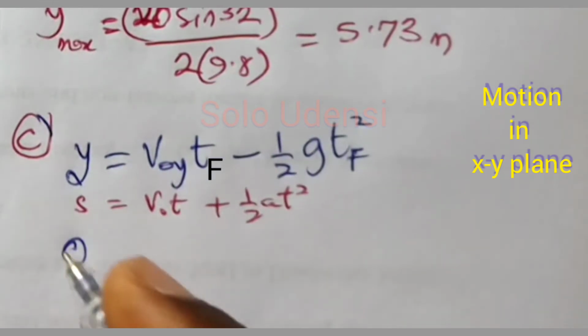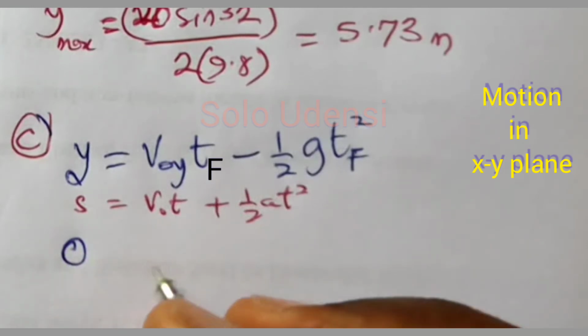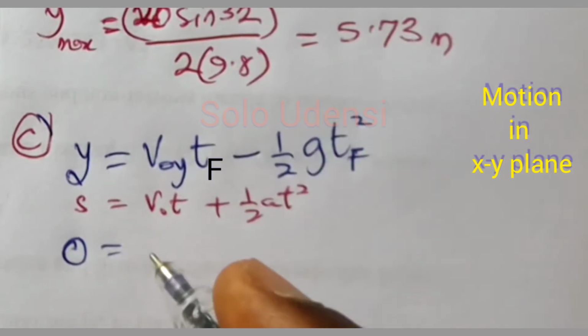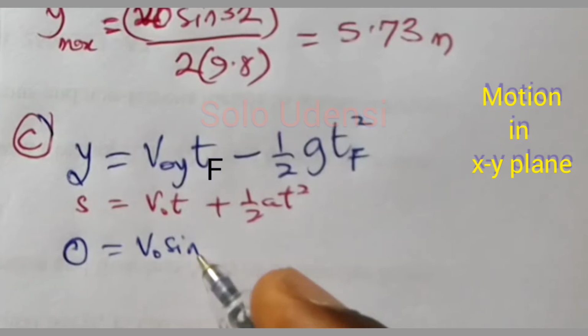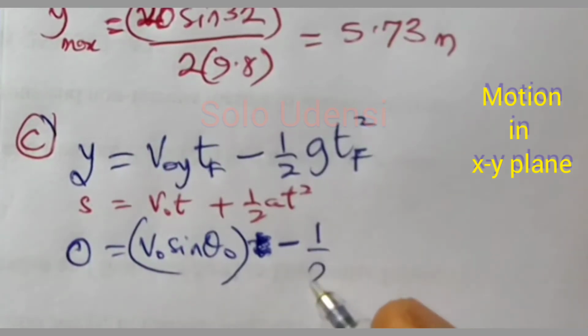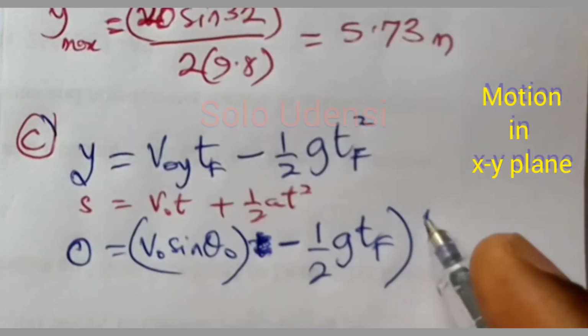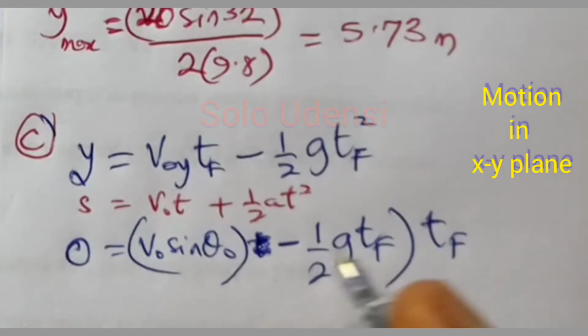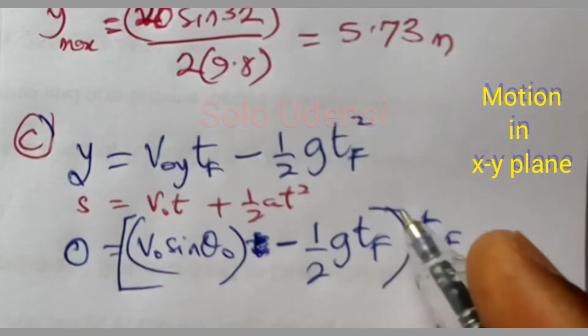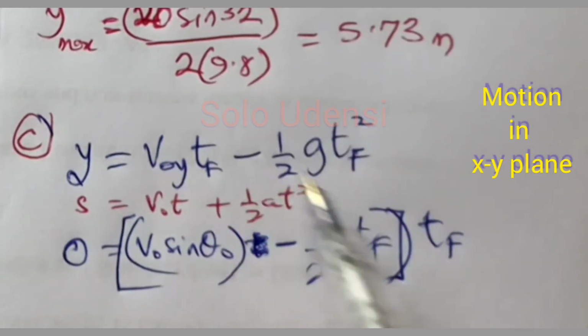So we say 0, at the ground where it took off, is equal to t f times the bracket v naught sine theta naught minus half g t f. We put time of flight here, so that the equation still holds.